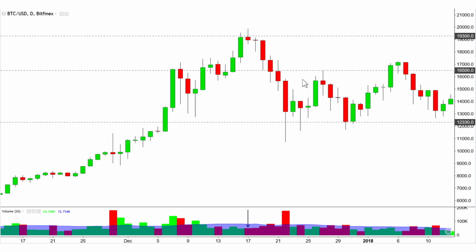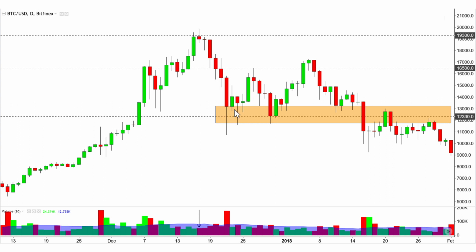If the resistance or support can't be narrowed down to a more central price level, it is useful to widen this into a support or resistance range. But be careful to not make the range too wide or it becomes too imprecise.